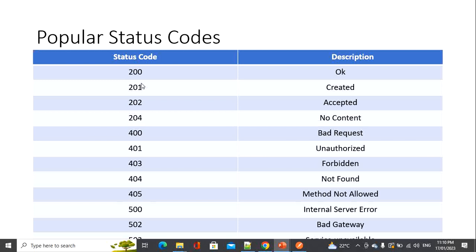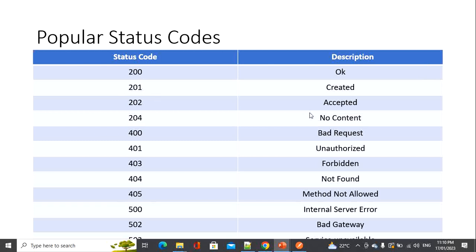If you attend many interviews, the interviewer may ask what is the status code of a get call response, or post call response, or delete call response, just to analyze your knowledge of REST API. So 200 is the status code which means okay, everything is fine. This is a successful response. That is the meaning of 200.